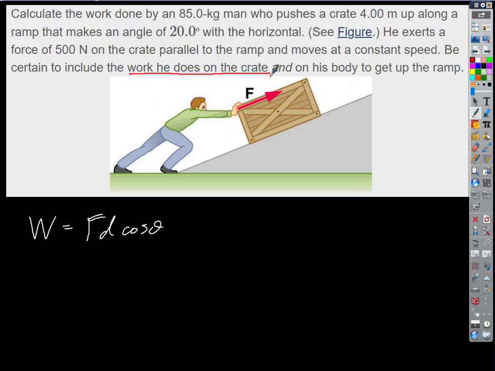Does that make sense? We have to be specific here: if we're talking about the work that the man does on the crate, then we have to use the force he applies to the crate. Okay, make sense? So that's equal to 500 newtons.